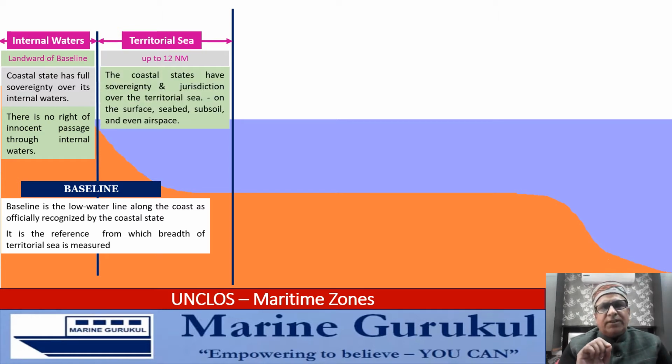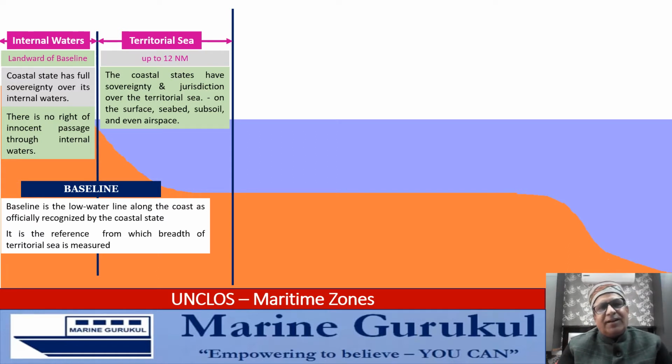Over the territorial sea, the coastal states have complete sovereign rights and jurisdiction. And this sovereignty is not limited only to the surface of the sea. It is enjoyed over the seabed as well as subsoil and the vertical space above the territorial sea.